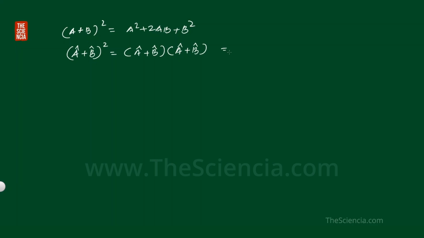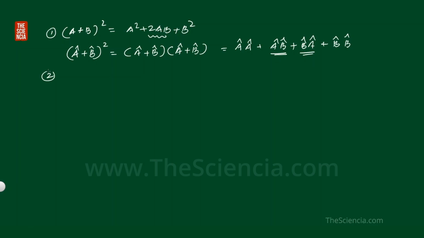We multiply each term and get a cap a cap plus a cap b cap plus b cap a cap plus b cap b cap. These two terms cannot be added like this, because the AB operator and BA operator are different.